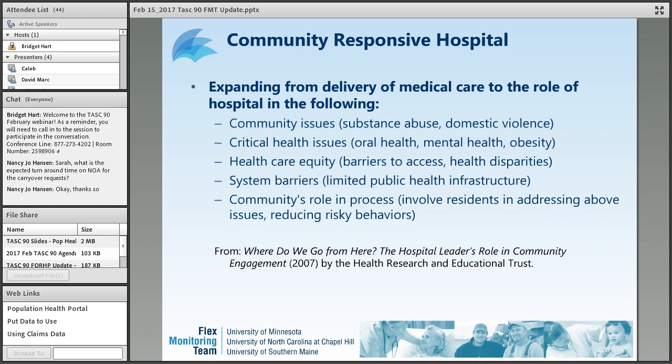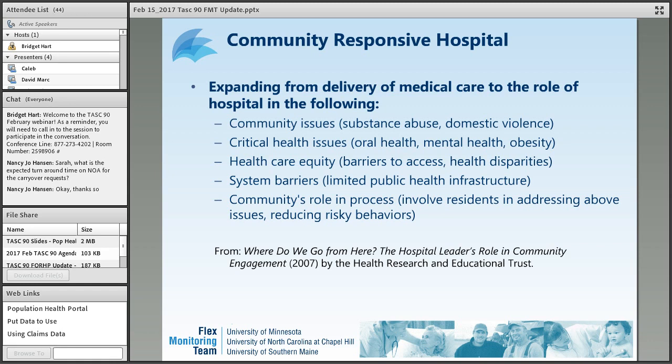Critical health issues and services that are needed: oral health, mental health, obesity, and there are examples of CAHs that are doing good work in all of those areas. Looking at equity, what are the barriers to access in a community and health disparities, and can they help to alleviate and overcome some of those barriers?